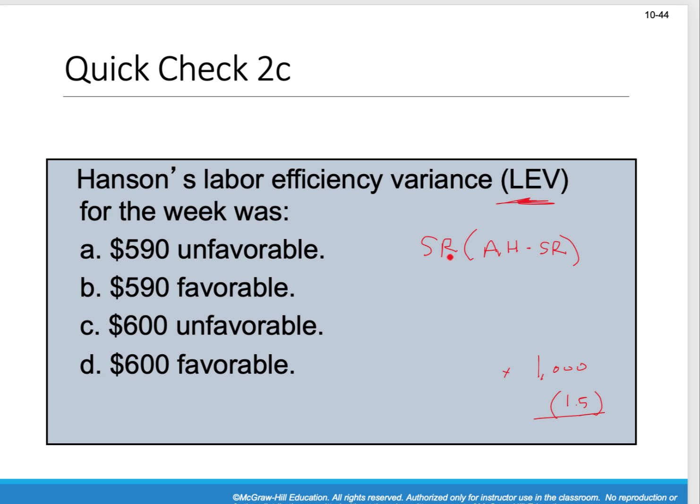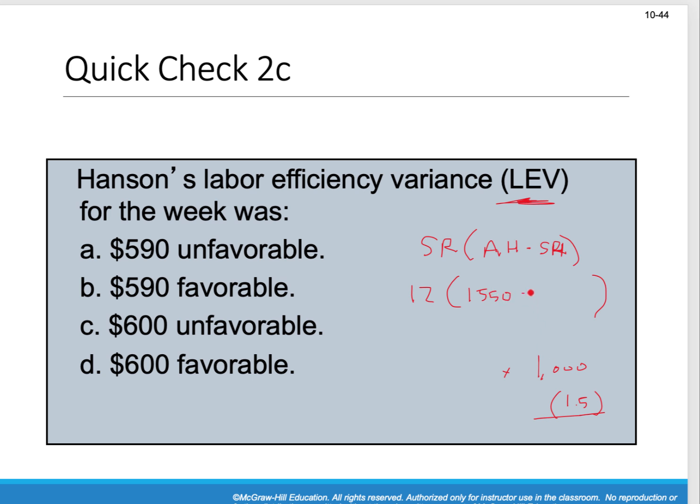So the standard rate, which we already know to be $12 per hour, $12 times the difference in the actual hours versus the standard hours. So the actual hours were 1,550.